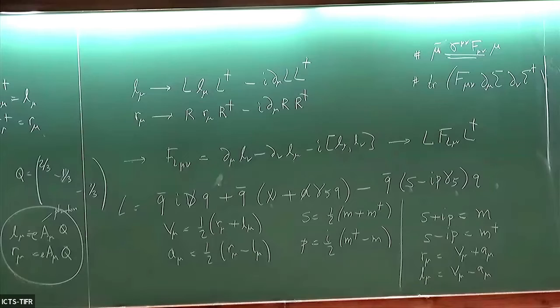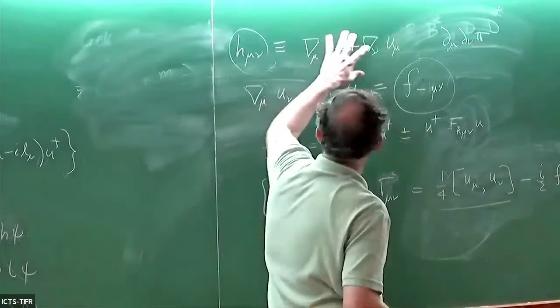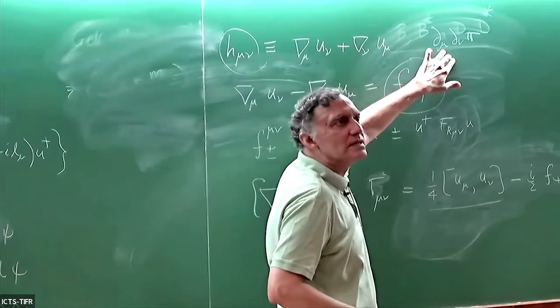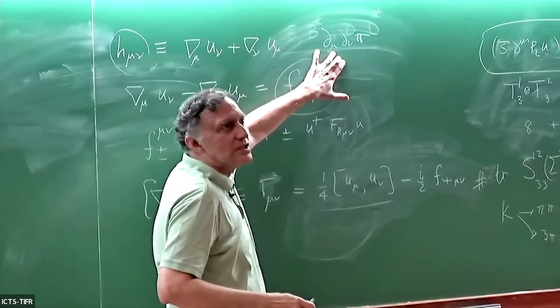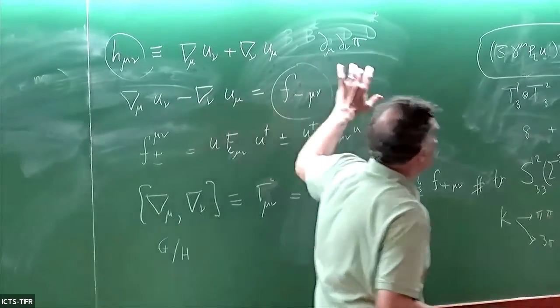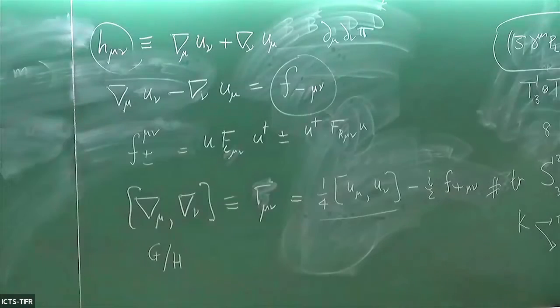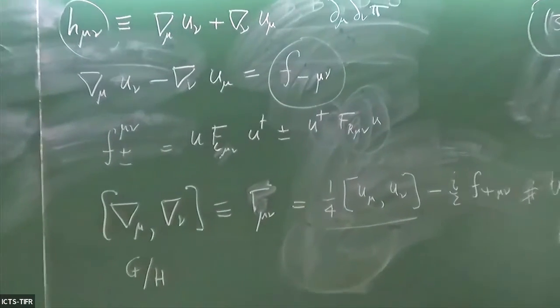So I think, where's the H mu? So this H mu nu will have terms which are d mu pi, because u mu is completely made up of pions. It's something like this. And I believe it comes in first in the p to the 6 Lagrangian, because in the p to the 4 Lagrangian, everything is in terms of the u's, because of integration by parts and field redefinitions.